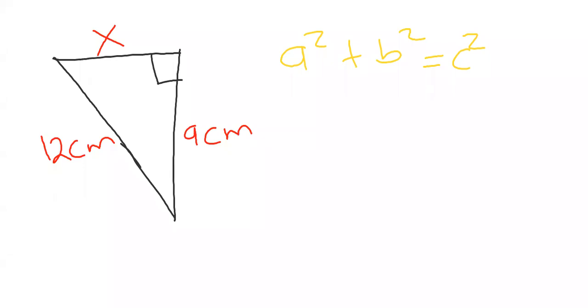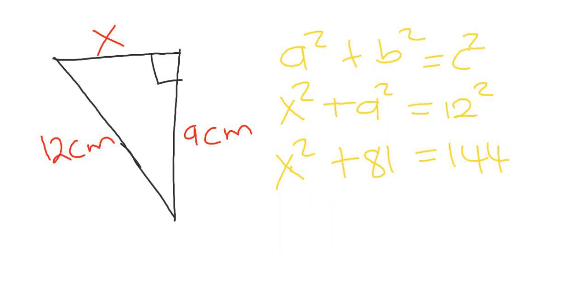So substituting what we have, our A squared is what we are looking for, so it's X squared. Then our B squared is 9 squared. Then our C is 12, so we're going to have 12 squared there. Simplifying this, we get X squared plus 9 squared, which is 81, and 12 squared is 144.